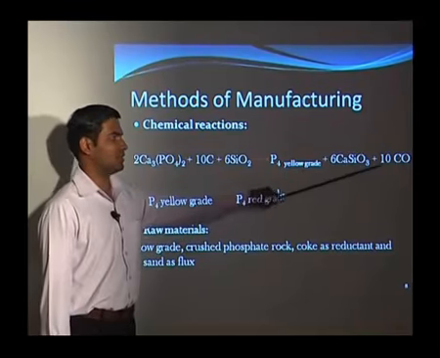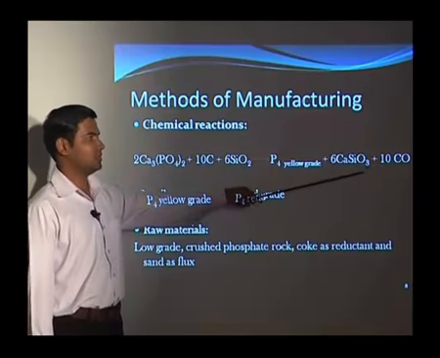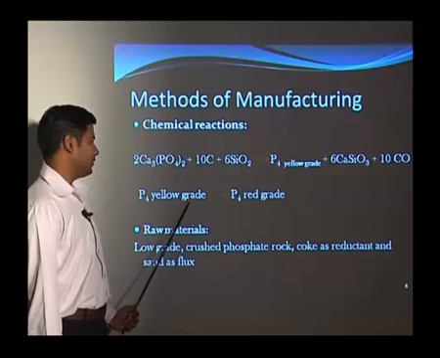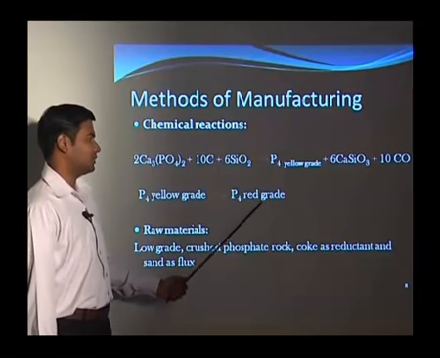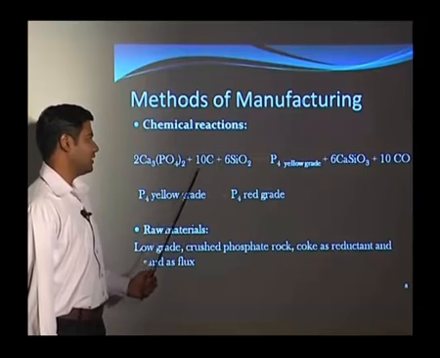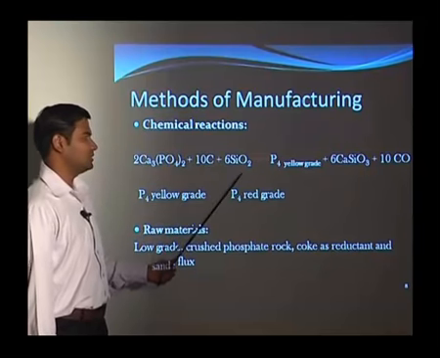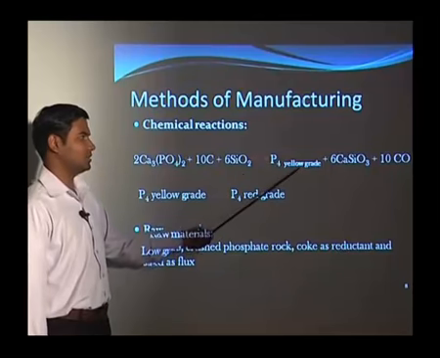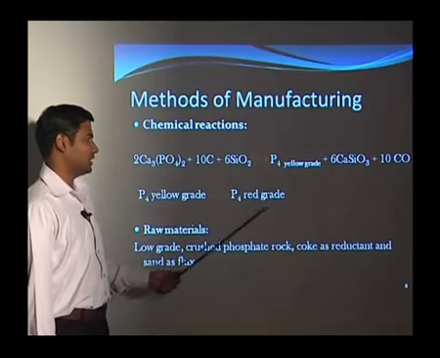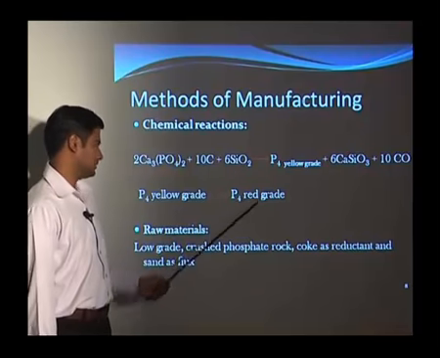We also get carbon monoxide, which can be used for the production of synthesis gas. Then from the yellow phosphorus, by slow heating we can produce red phosphorus. So these are the main reactions. We use coke and sand to produce yellow grade phosphorus, and that yellow grade phosphorus we can convert into red grade phosphorus.